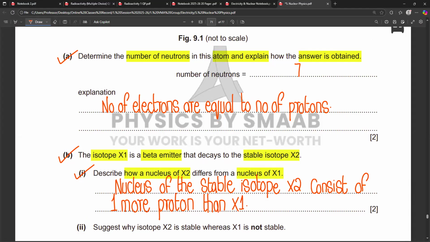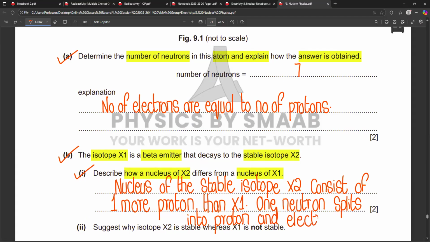And you can also write one neutron splits into a proton and electron.